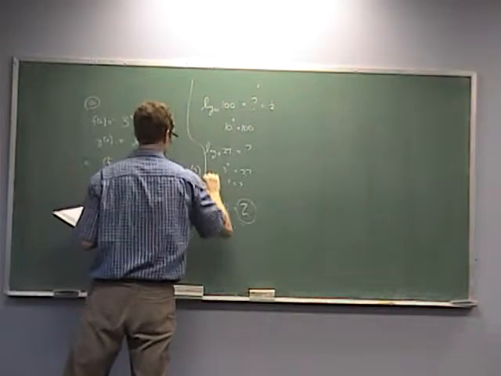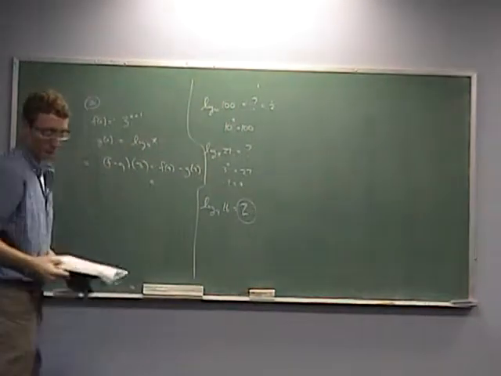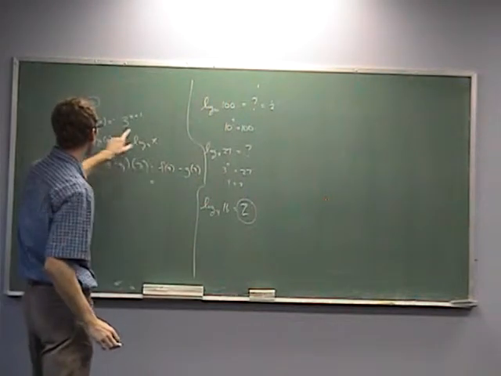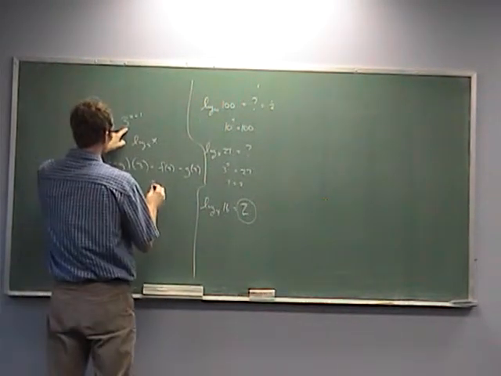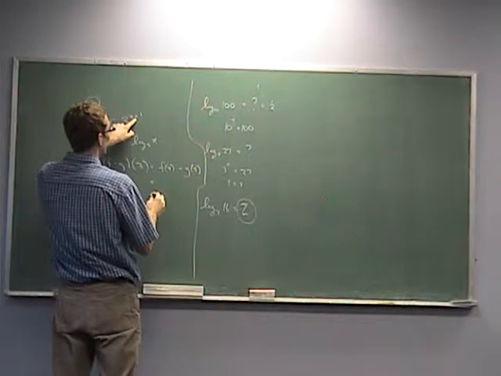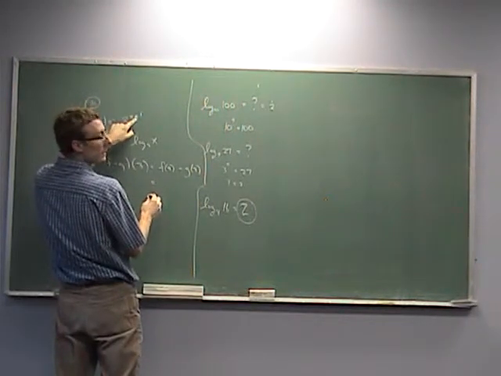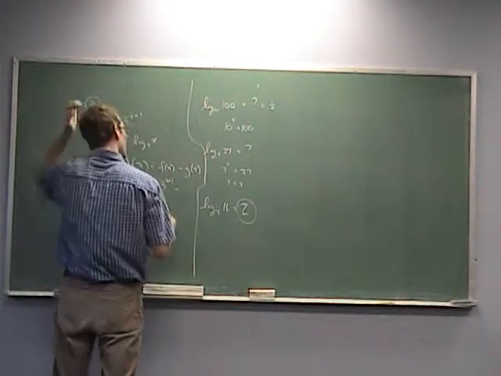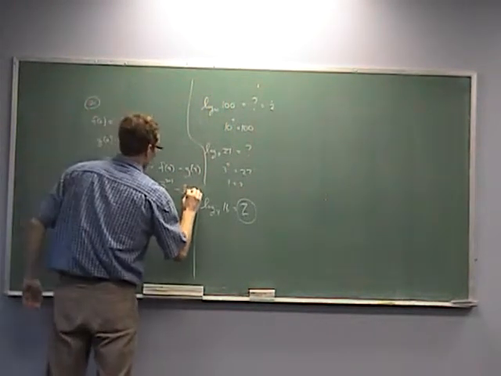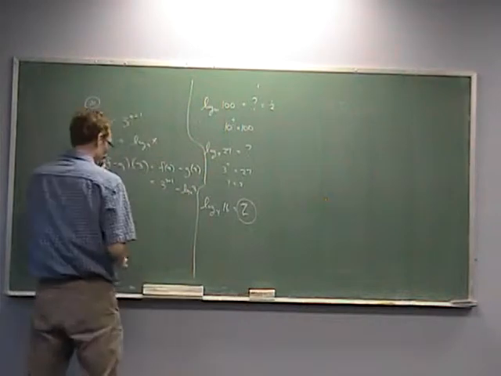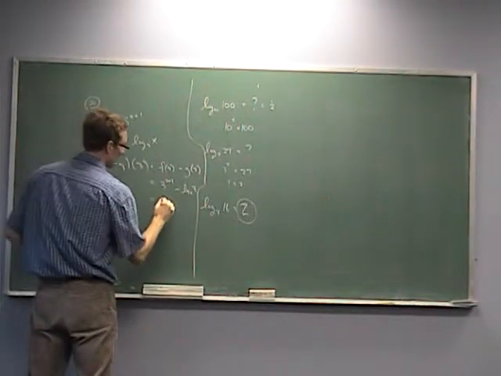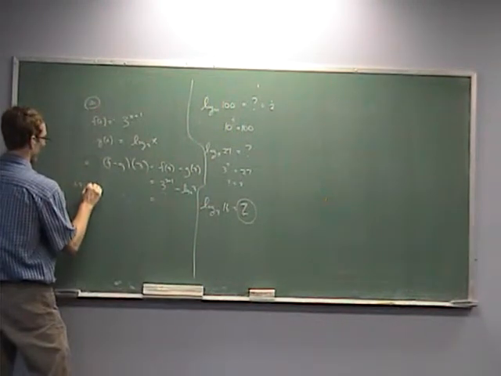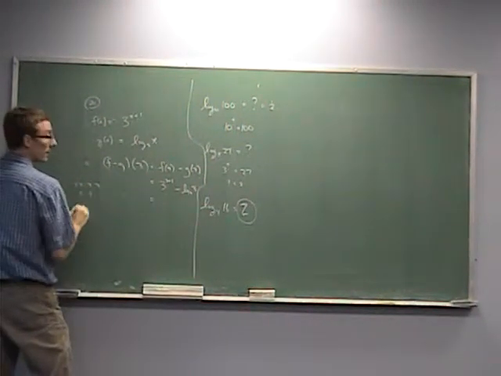I'm going to put in 3 to f and put in 3 to g. If I put in 3 to f, I get 3 to the 4th power, because that's 3 to the 3 plus 1 power. Does that make sense? And if I put in 3 to g, I get log base 3 of 3. 3 to the 4th is 81, that's 9 times 9.